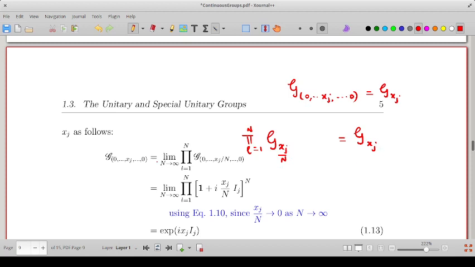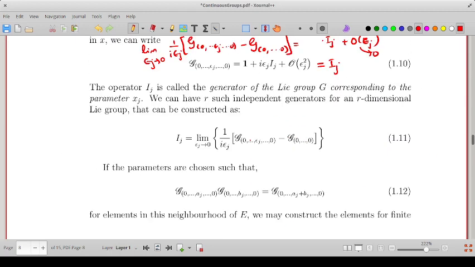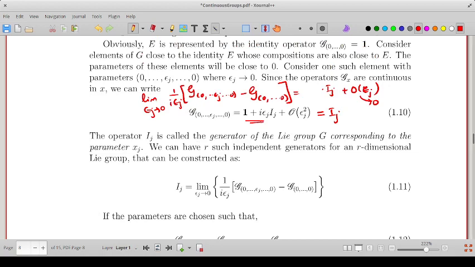But now I can take the limit n tend to infinity here. So I will take this product. There will be infinity number of terms here. But now as n tends to infinity, this quantity x_j by n goes to 0, which is infinitesimally small. Then I can write this in terms of the generator, something similar to this.